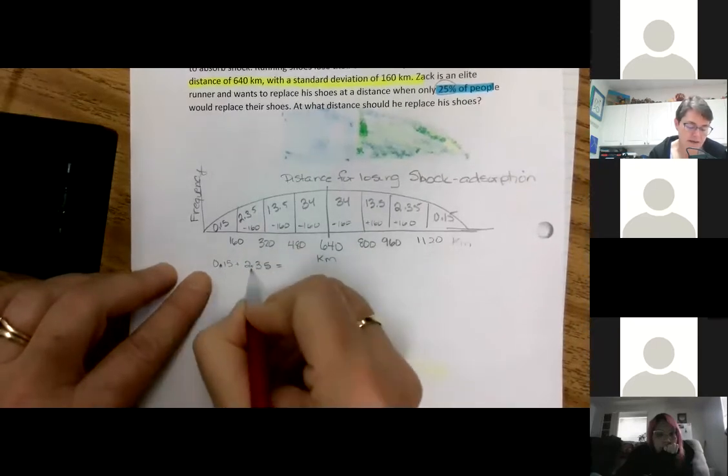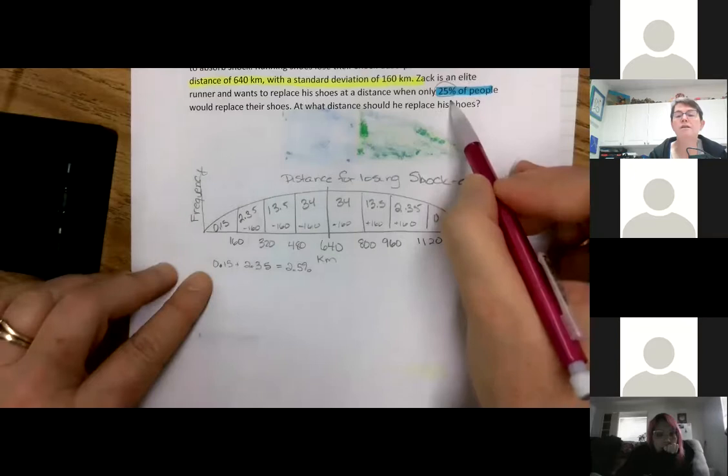Try it again, 0.15 plus 2.35. It's only 2.5. Perfect. And we are looking for 25%.